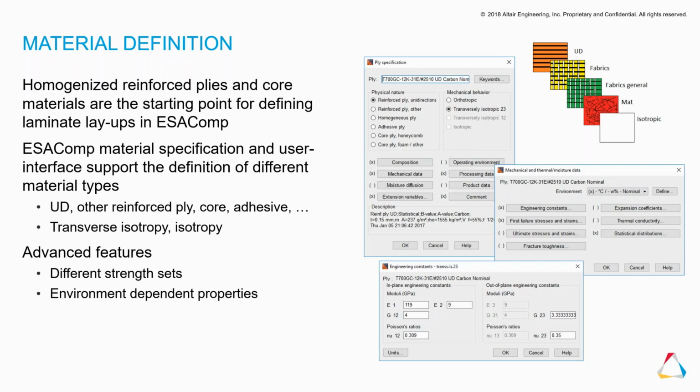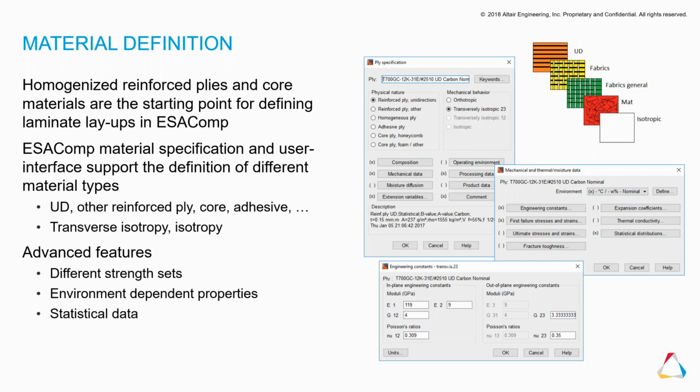So given by the temperature and moisture content and the set of material properties for that environment, ESACOMP can then, when you perform the analysis, select the correct material properties according to the given analysis environment, and it can also interpolate between the given values if they don't match the analysis environment.